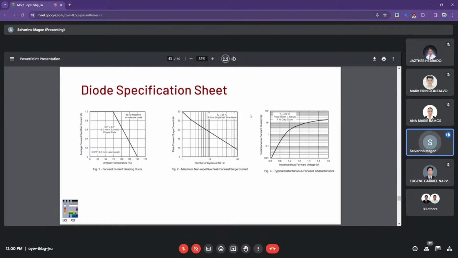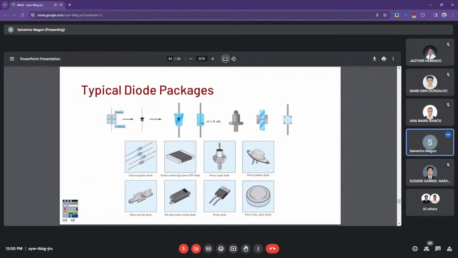So some of the operating characteristics are also plotted in the datasheet to provide us a better understanding of the device characteristics. Typical packages of semiconductor diodes are the following. Of course, for the diode model with the GP at the end, that's general purpose packaging.